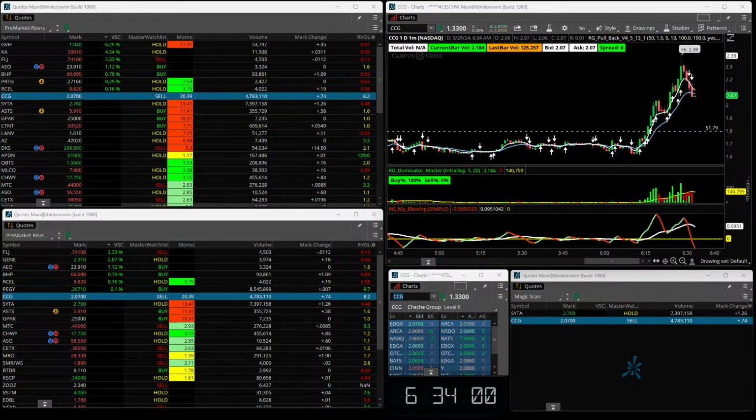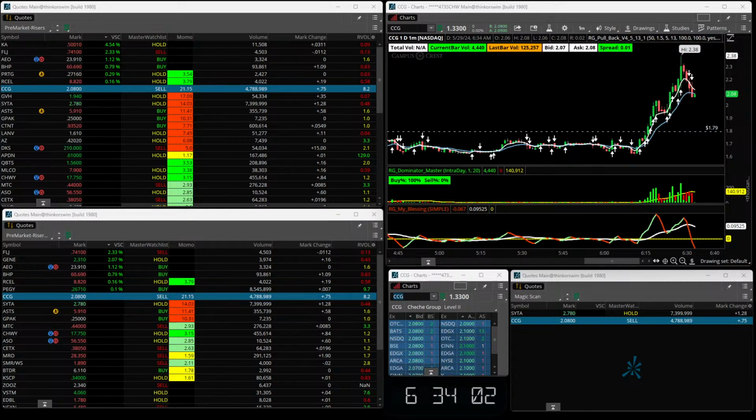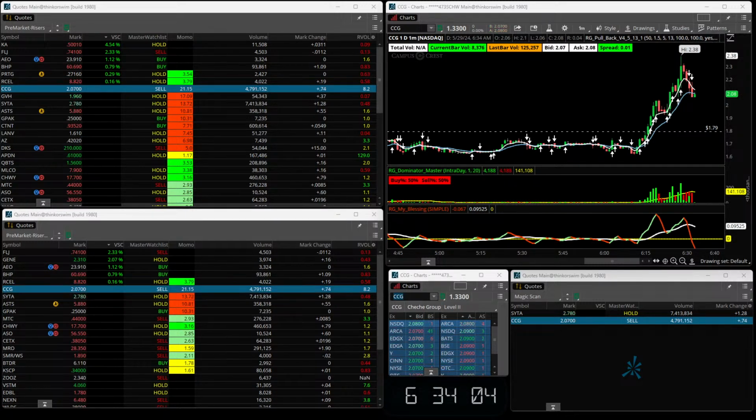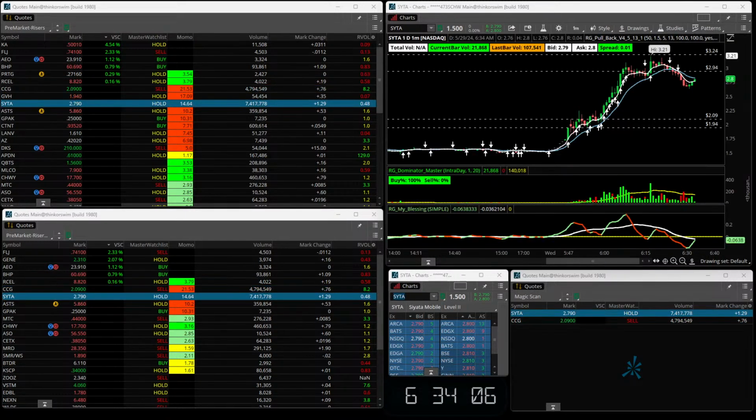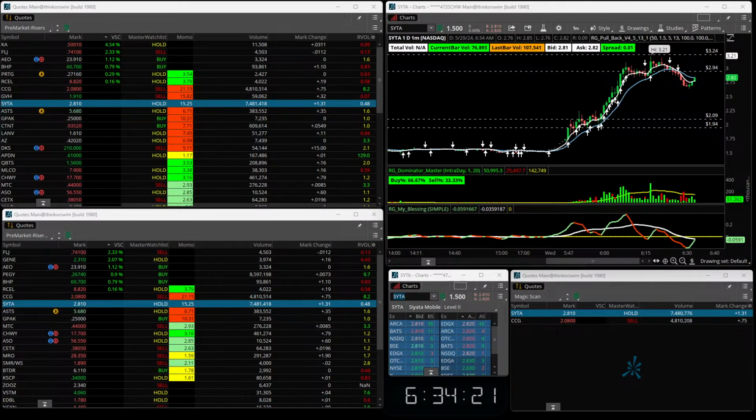CCG now selling off. SYTA sold off a little bit. Now trying to pull back up to that 295 level. I wouldn't chance it at this point. We're on the back side of a run up.